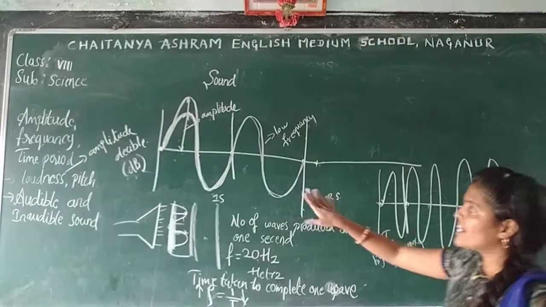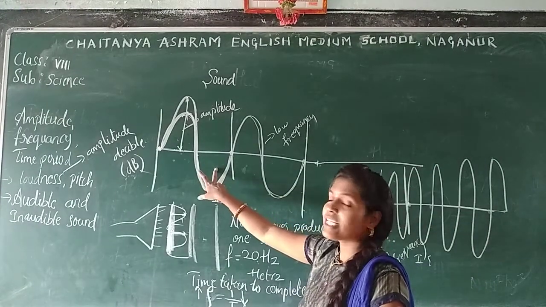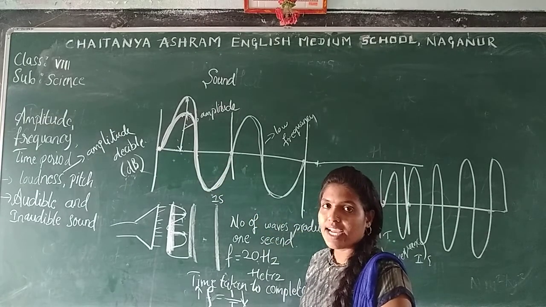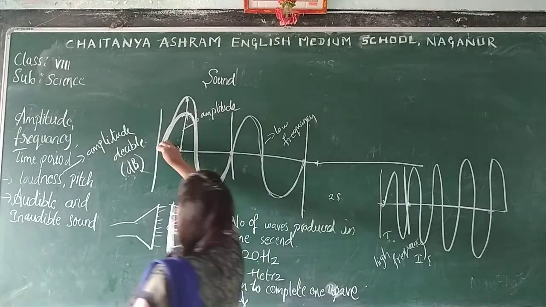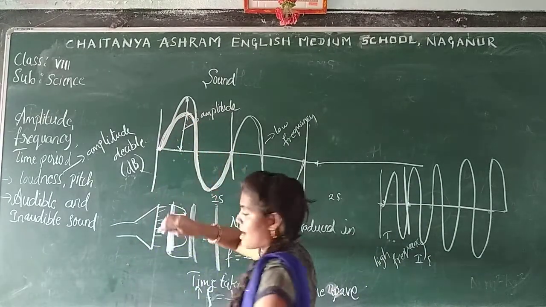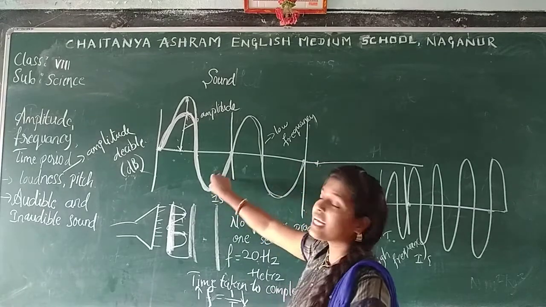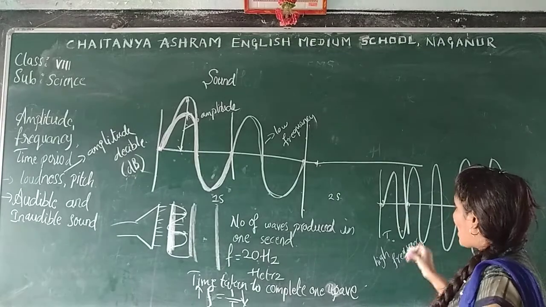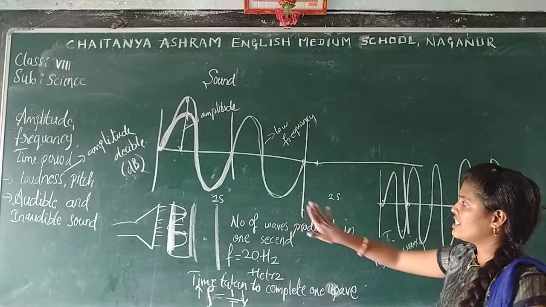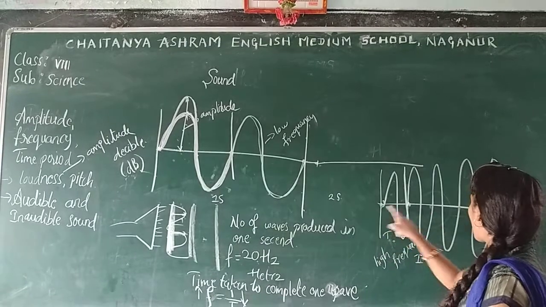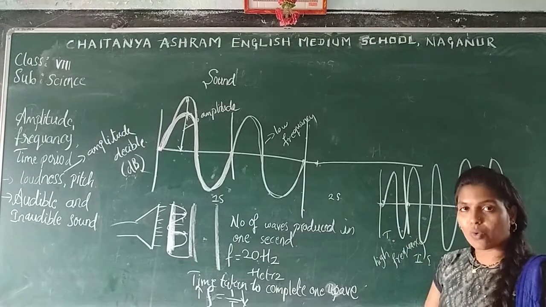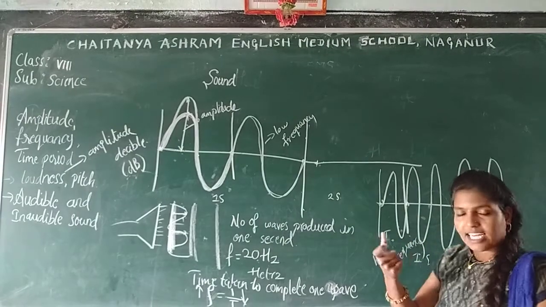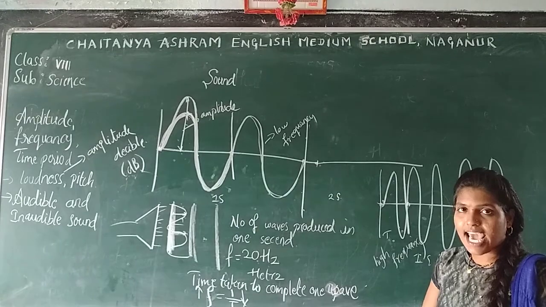So here, frequency decreases and time increases. It takes more time to make one cycle than this. So as compared to this, the high frequency sound in 1 second can produce 4 cycles, which means each cycle takes less time.